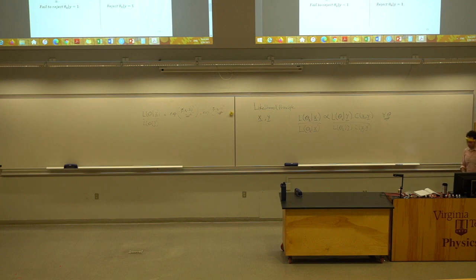If you observe y equals 1, then maybe actually you want to fail to reject theta null. So that's a very, very small difference of 0.001, and it leads to a change in your inferences.